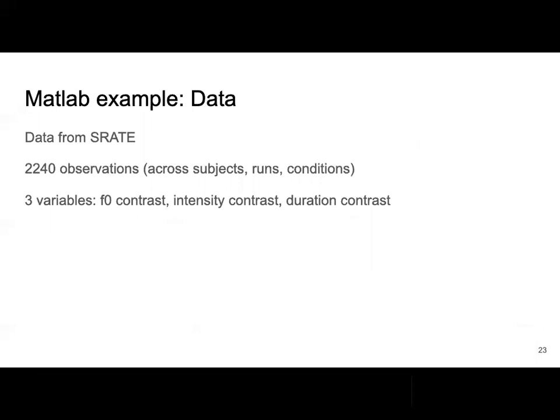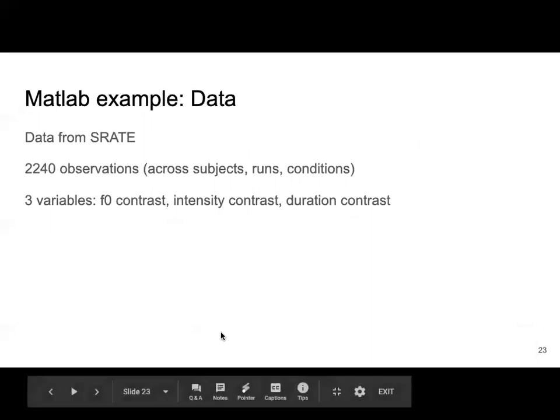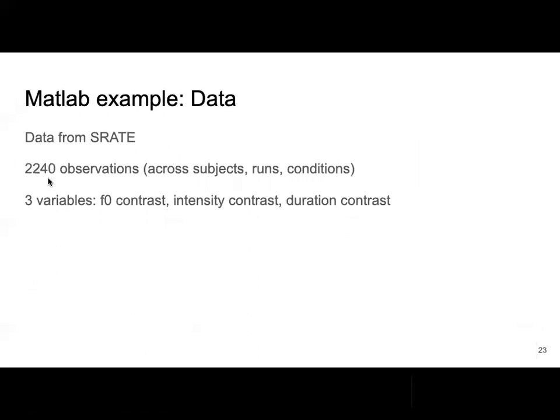Okay, so now to an example. This is data that I was working with from the S-rate study, and I had 2,240 observations. I had this many observations because I had 14 subjects by 4 runs by 40 sentences.